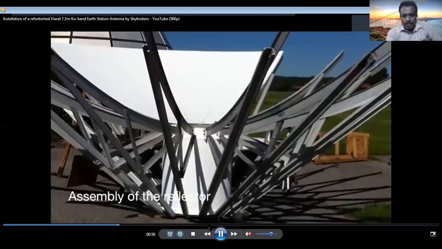Okay, now you will see the resolvers, the installation of the tracking equipment. Before we come to the indoor, this is outdoor equipment.